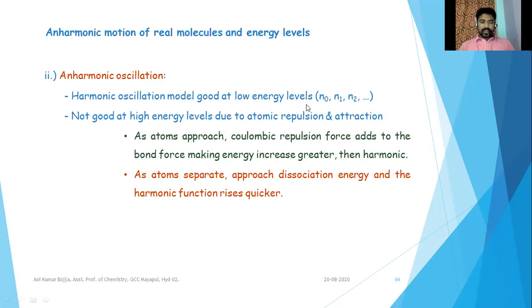But the harmonic oscillation model is not good at high energy levels. If you go for V4, V5, V6 or Vn level of the ground state electronic level, it is not suitable to apply the theory behind the harmonic oscillator model to a chemical bond.